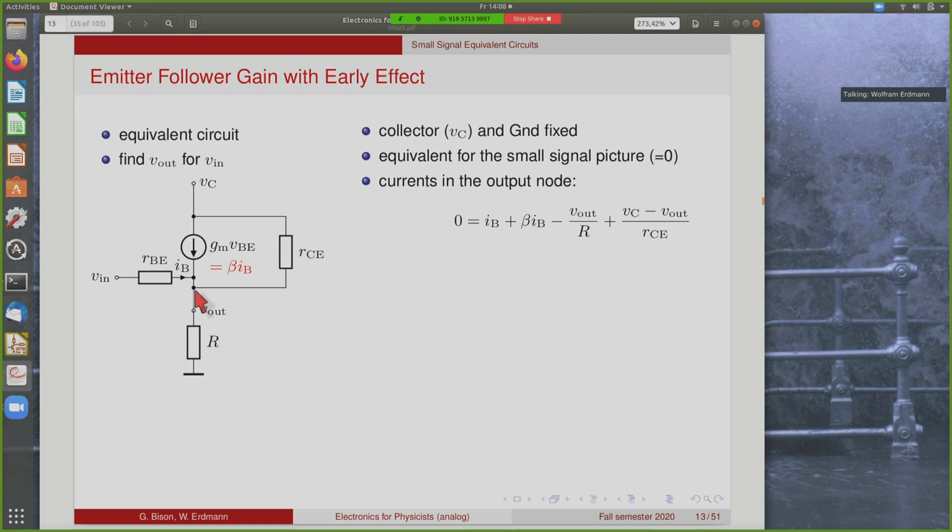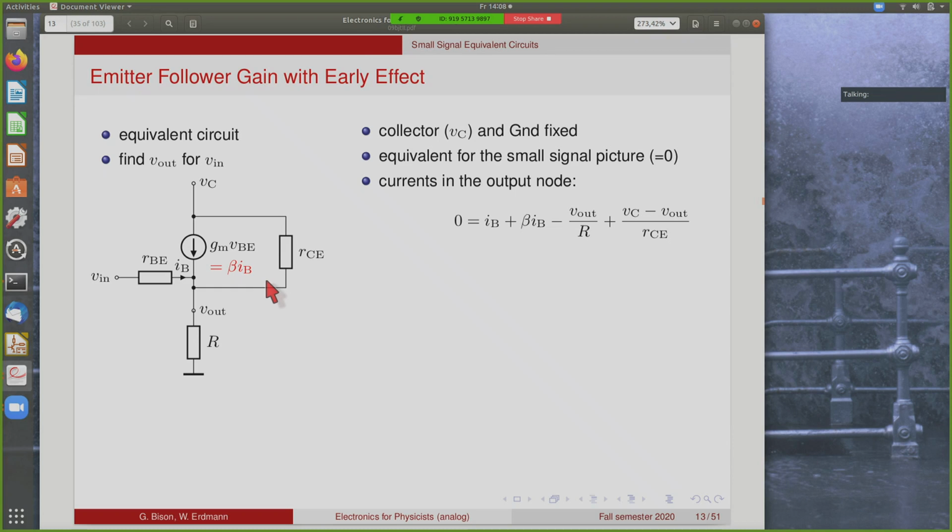So let's add up the currents here. We have the base current flowing in. We have the collector current, which is beta times the base current flowing in. We have the current flowing through the resistor, which is V out over R, which is flowing out.